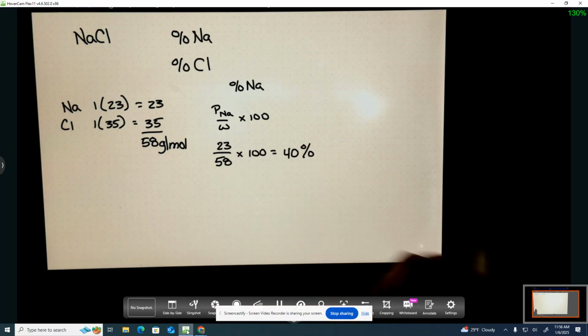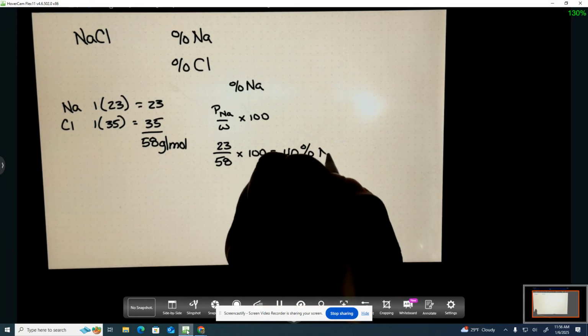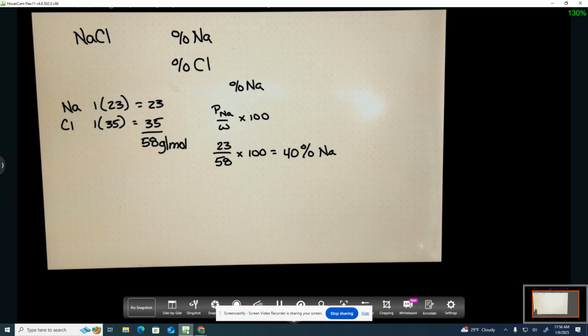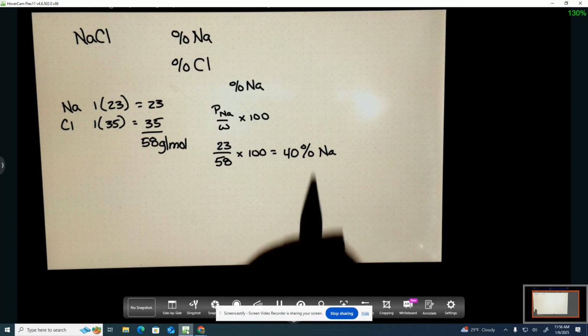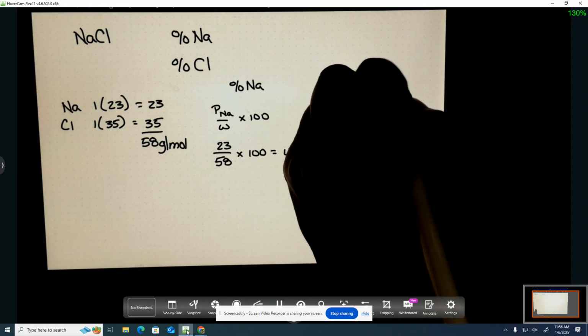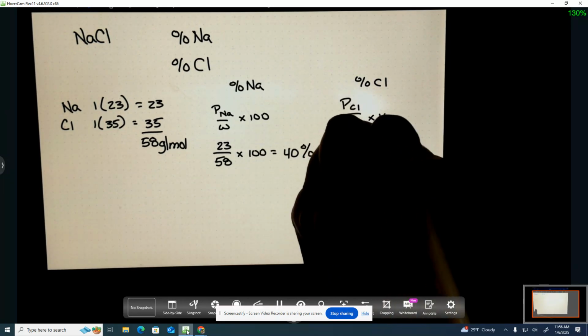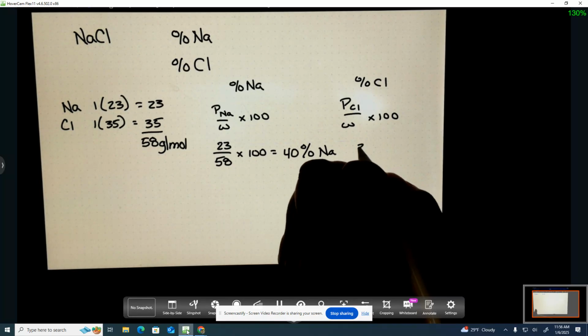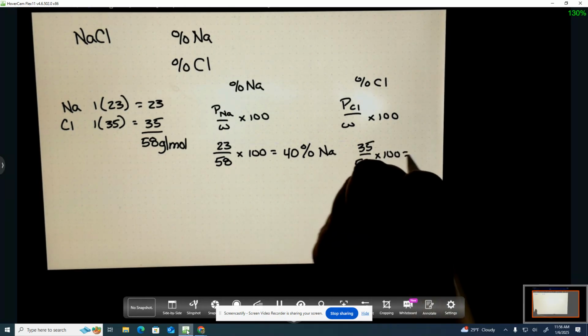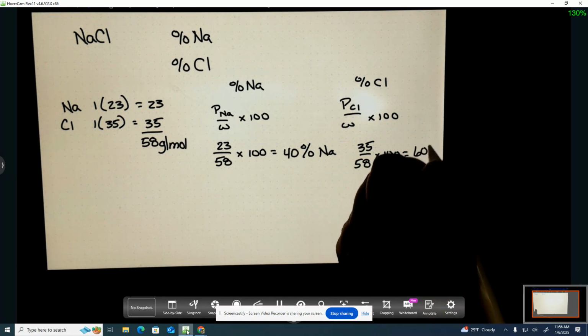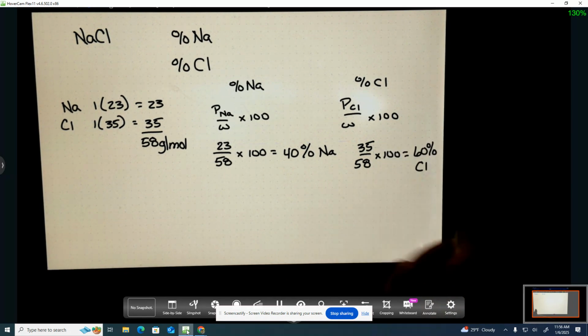I'm going to make it 40% sodium. Now, you know that the whole thing needs to be 100%, so 100 minus 40% should give us 60% for the chlorine. Let's just make sure. The part that's chlorine, 35, divided by 58 times 100 equals 60% chlorine.